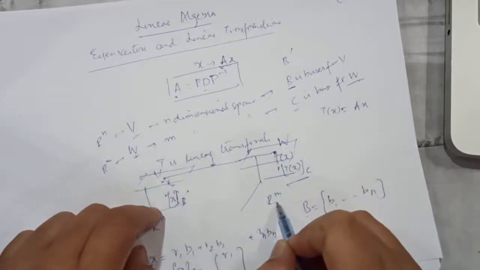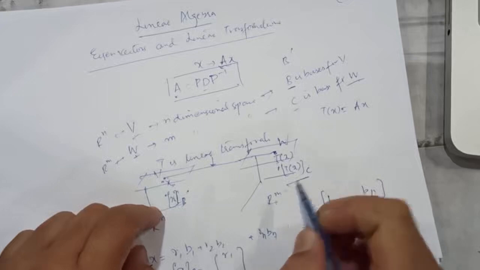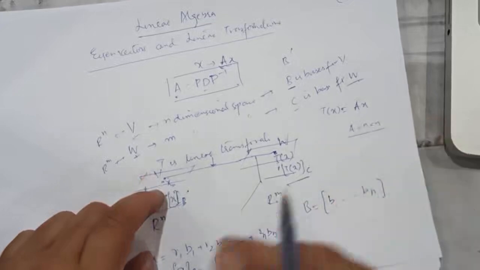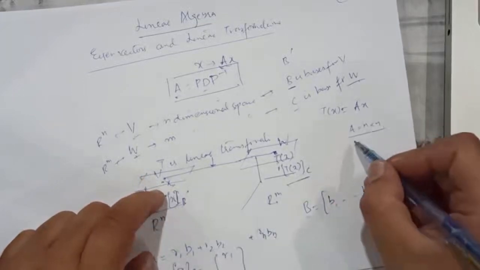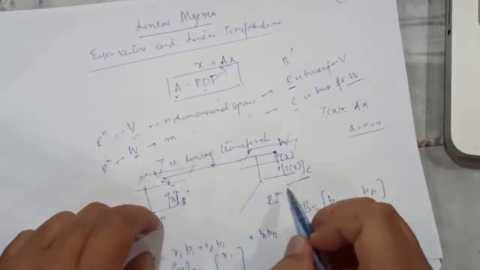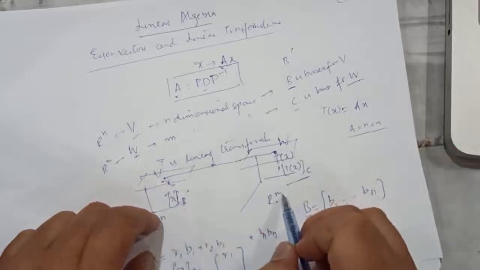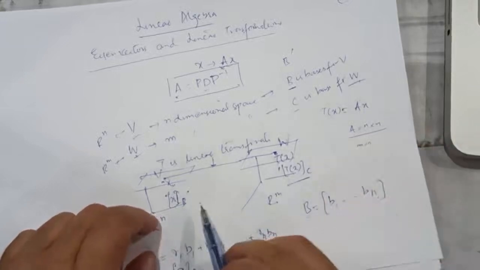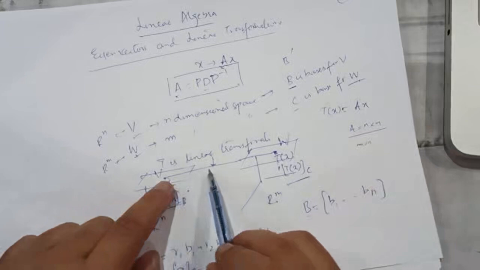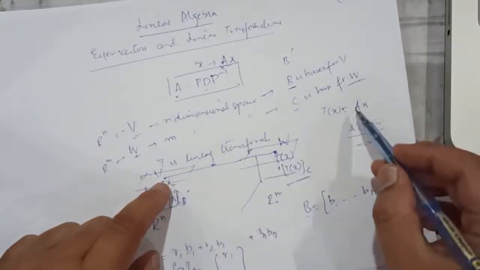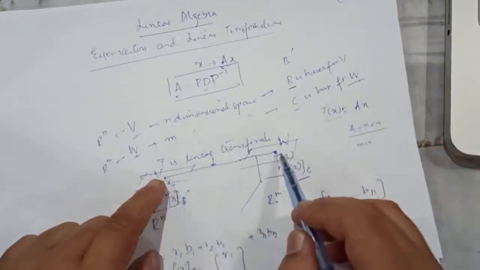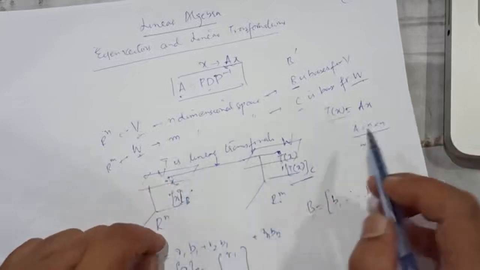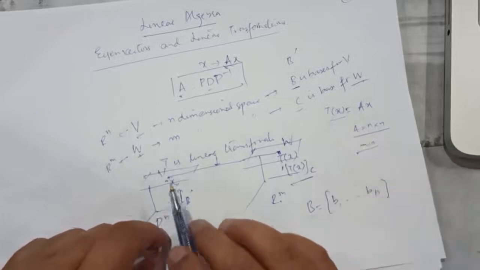If both are R^n, the dimension of A is n by n, or if R^n to R^m, the dimension would be m cross n. So any point x will move to T of x in space W. And of course you have to multiply with the m cross n matrix A.